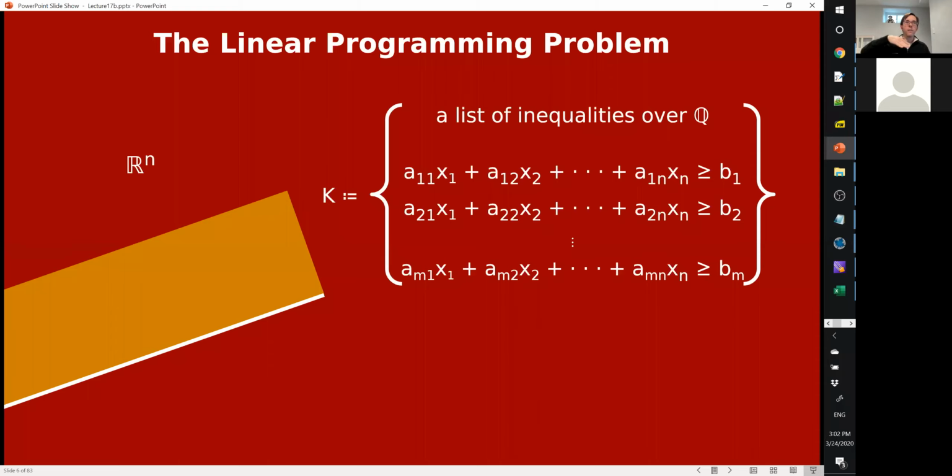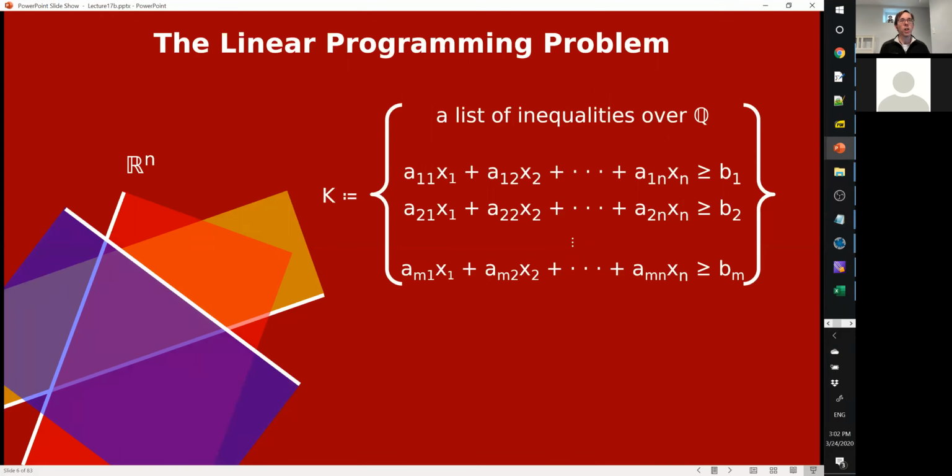The inequality gives you everything on one side of that hyperplane. And K is supposed to represent the conjunction of these. So we have an intersection of half spaces, and their intersection is the set K. It's like a polytope represented by these inequalities.